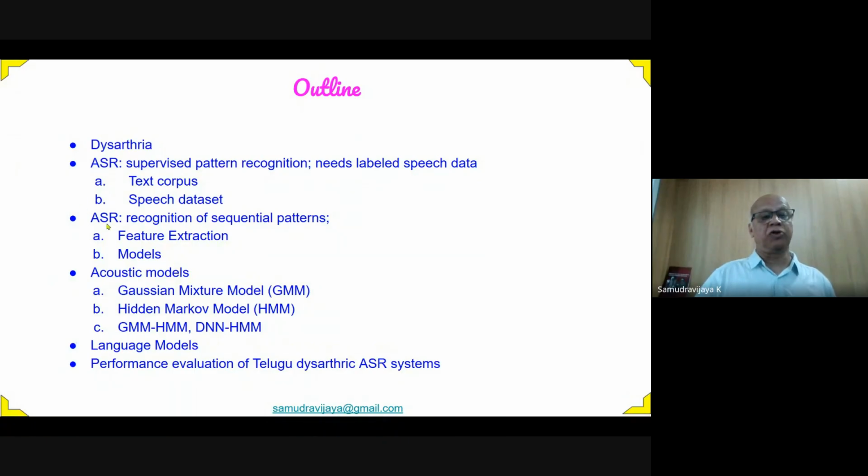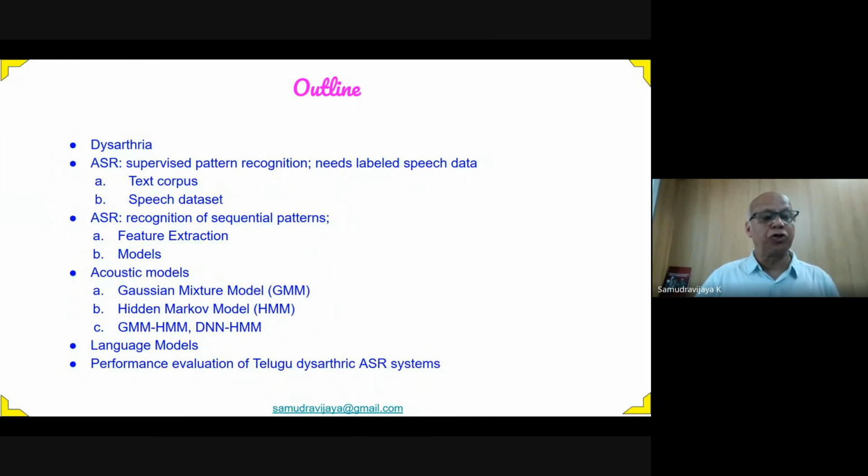Then we will come to the actual implementation of an automatic speech recognition system: the extraction of the features that are useful for speech recognition, and the models that will do the recognition part. Models are of two types: one is the acoustic model, and the other is the language model. In the acoustic model, there are various types of statistical and probabilistic models that we will talk about.